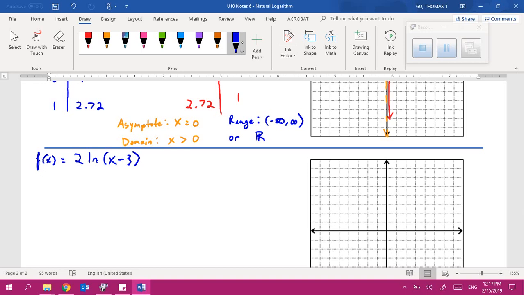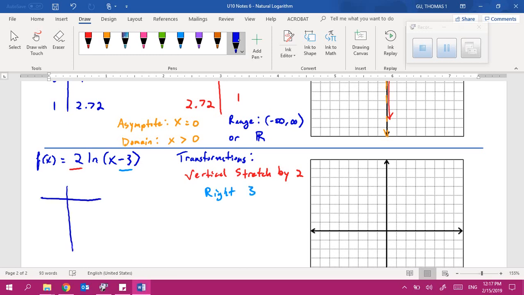You want to write down the transformations. Very good. Ooh, every class has said that today. So what are your 2 transformations here? Vertical stretched by 2, and then? Right 3. Very good.